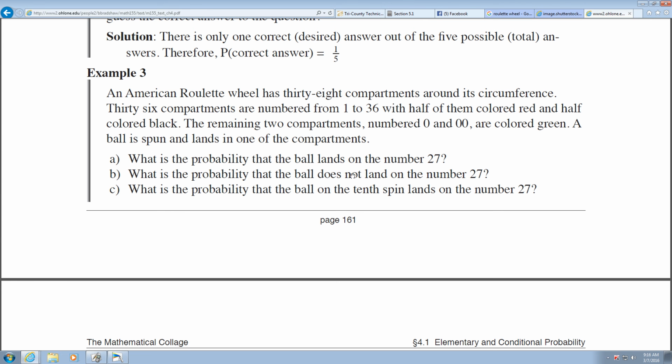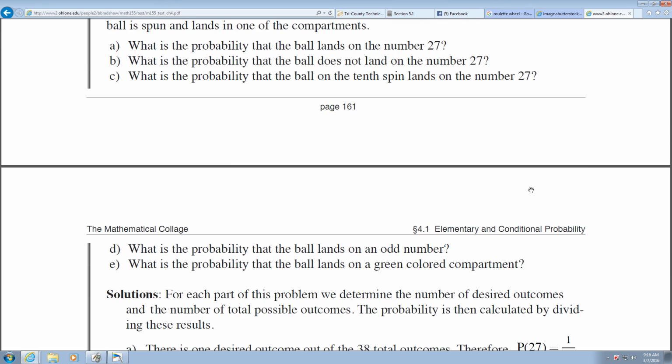What is the probability of the complement? 35 out of 38, no, 37 out of 38. Okay. What is the probability that the ball on the 10th spin lands on number 27? Well, we're not getting into that. I'm trying to see.